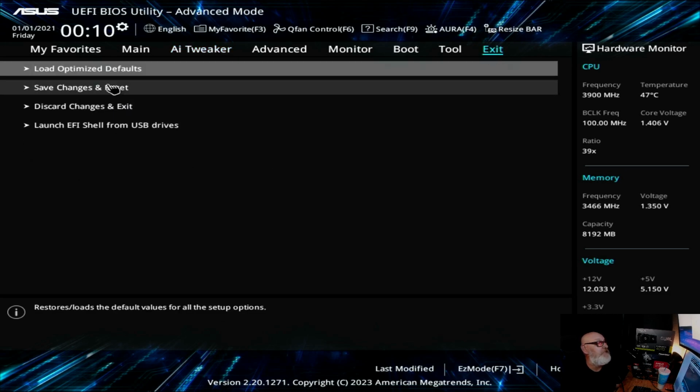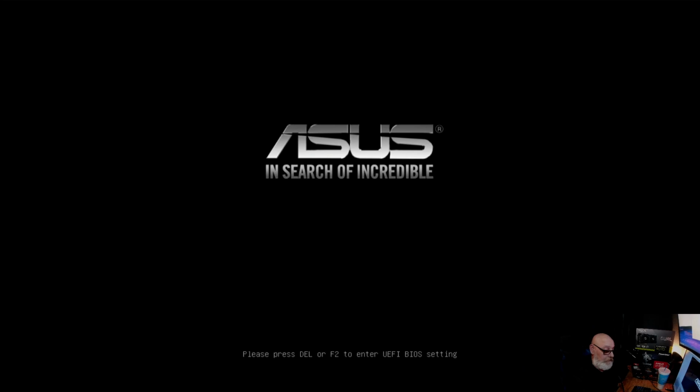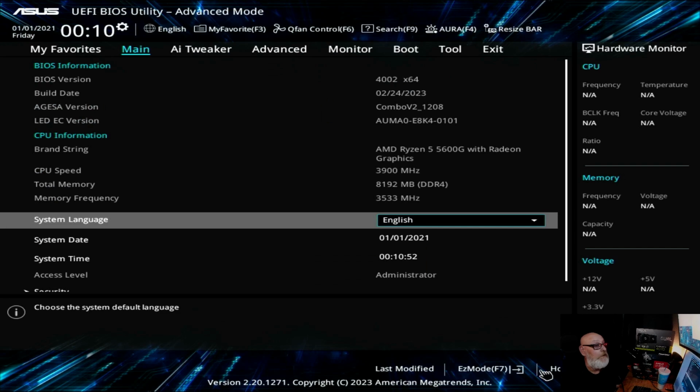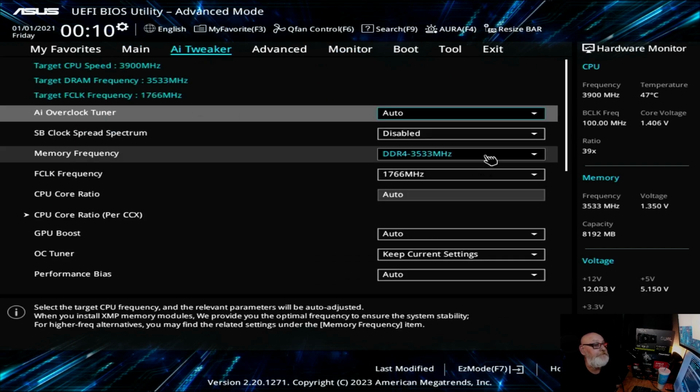We'll save changes and reset and hit OK. If your memory goes unstable, you'll find it. Well, I guess it didn't. I guess I'm lucky. Wow. I guess I'm lucky there. So this is stable.